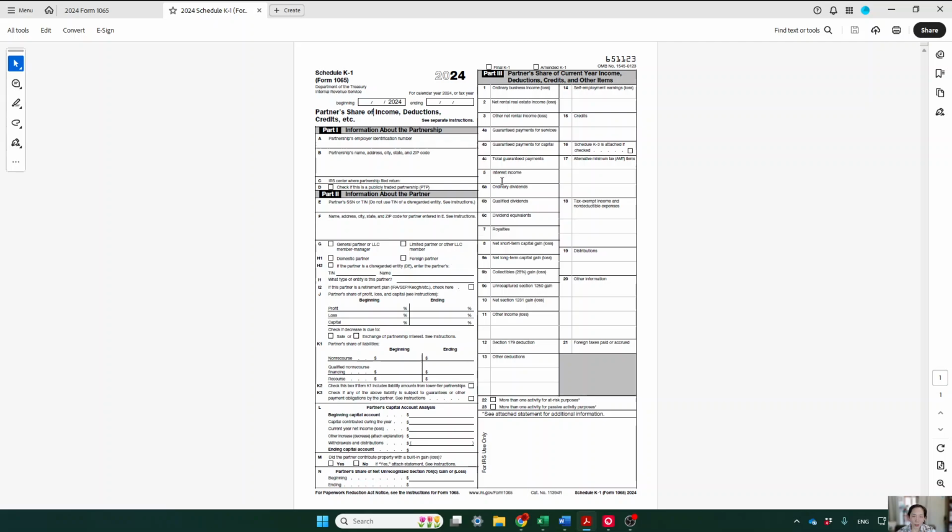In addition, there's tax-exempt income and non-deductible expenses, and the ordinary dividends actually include the portion reported in 6B, the qualified dividends, which is a little bit unique, but according to the instructions, the ordinary dividends also include the qualified dividends. And other information will include any information regarding QBI, all that stuff.